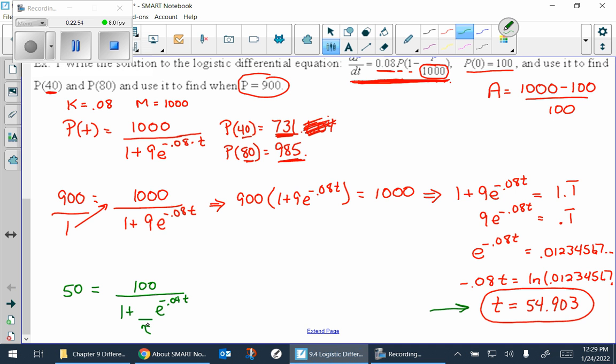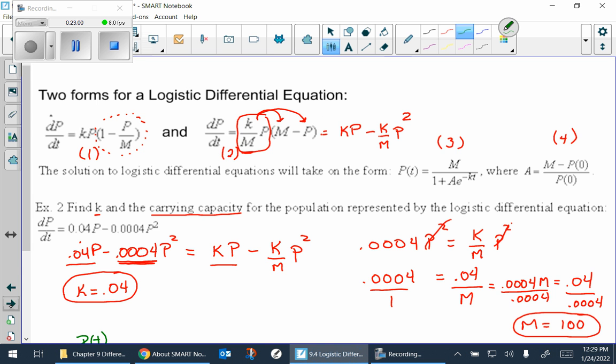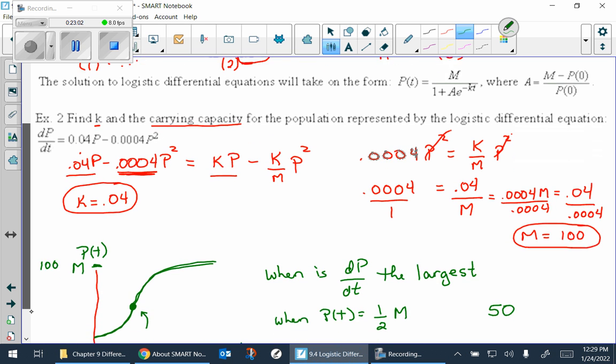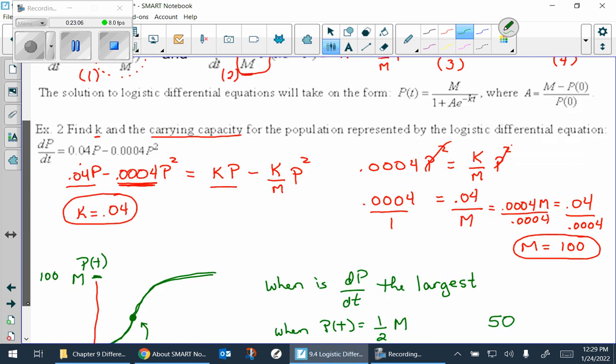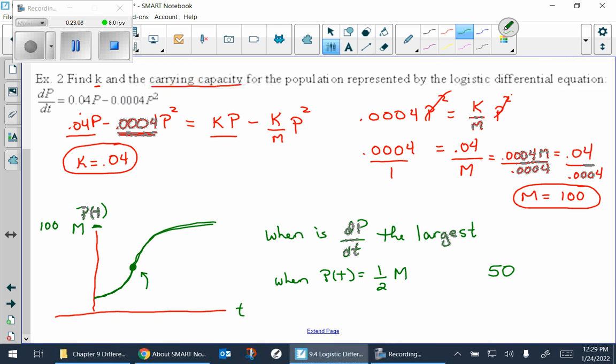But if we have to find the time at which this rate is the largest, we at least will know what the population is when the rate is the largest. And now we'll be given enough information to figure out what T is.